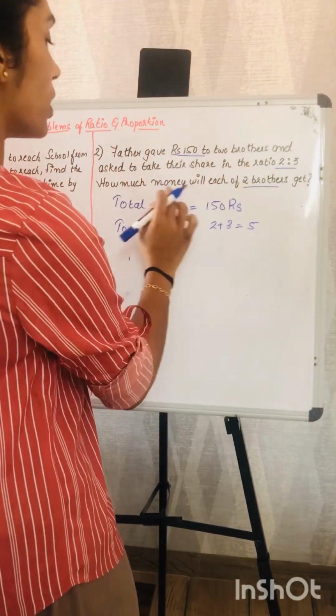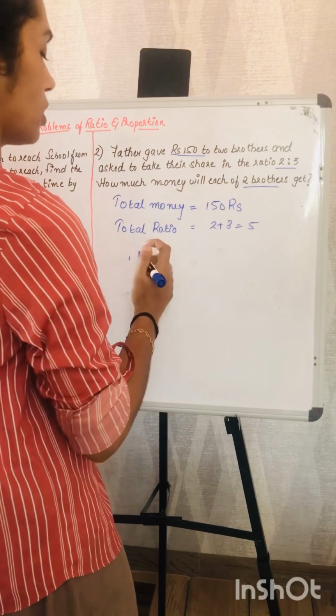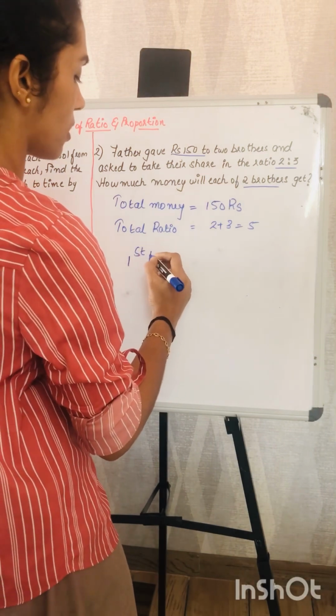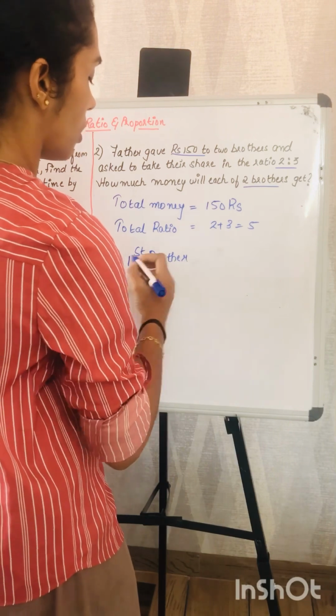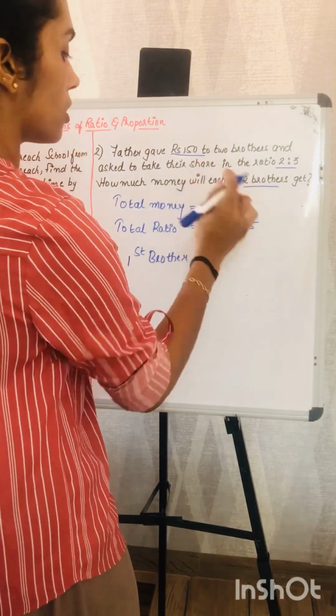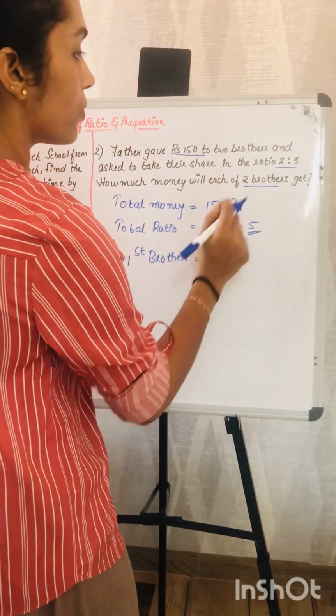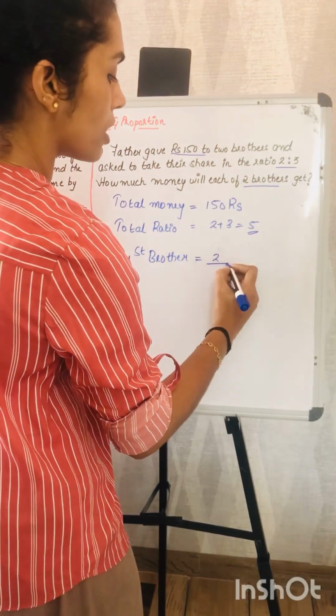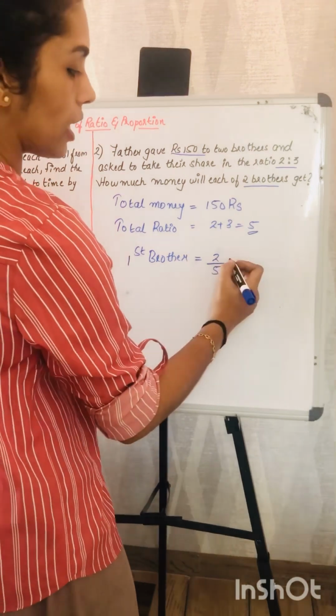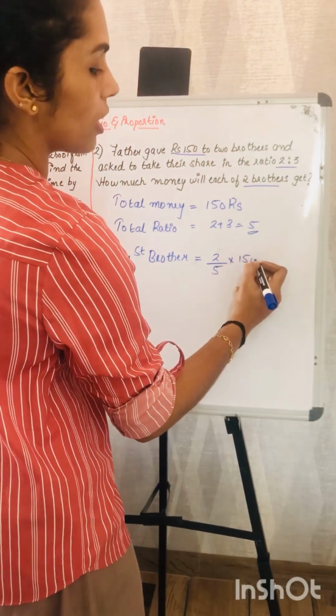Next, how much particularly does each brother get? So, let's take the first brother. How much does he get? See, from the total part 5, right? The first brother got 2 parts, into the money.